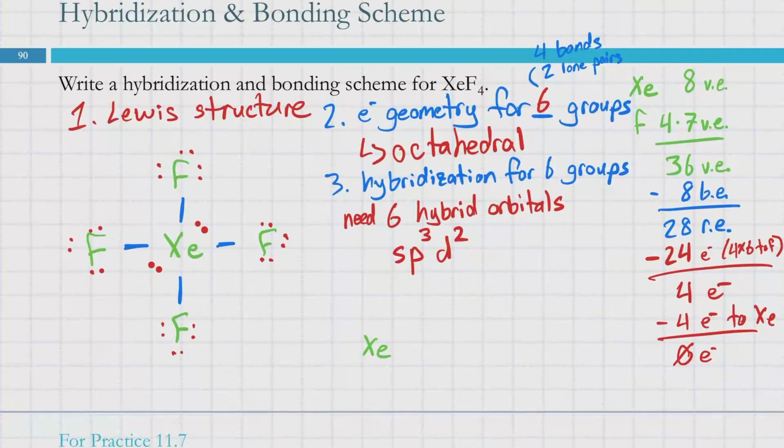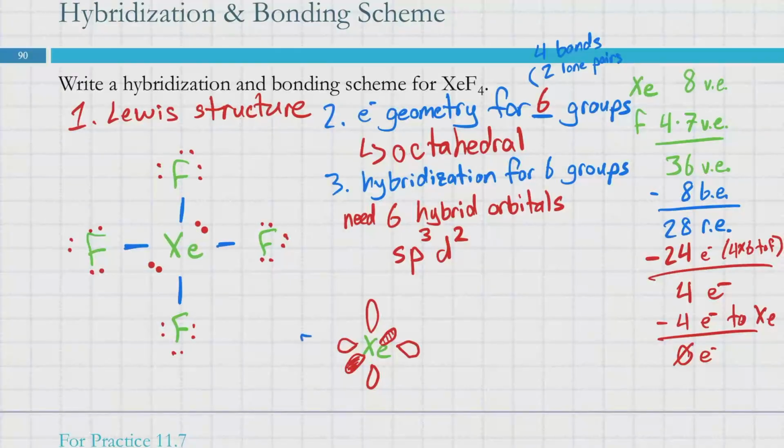Our hybridization is going to have a group up, a group to the left, a group to the right, a group down, one coming out, one going away. The one coming out and the one going away look kind of funky, unfortunately. So this would be our hybridization around xenon.